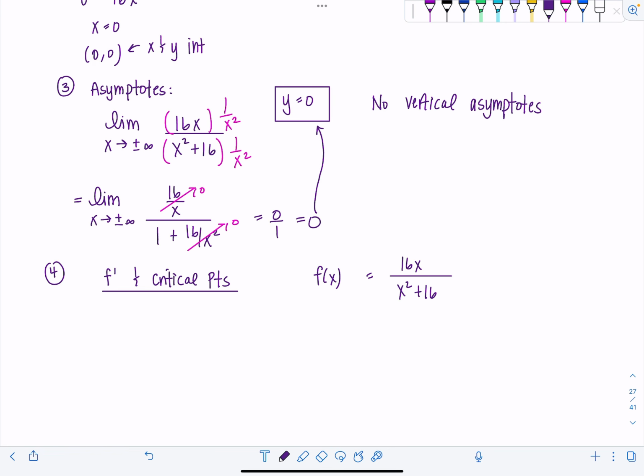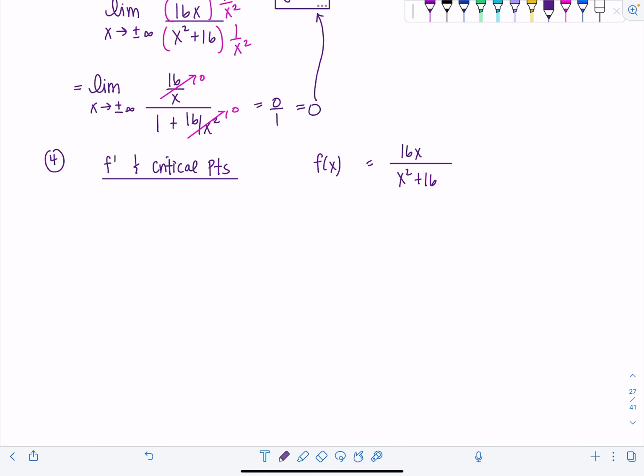Okay, so let's go ahead, take the derivative, quotient rule time. F prime of x is going to be low d high. What's the derivative of the top? Just 16. Minus high, what's d low? 2x, very good, over low.